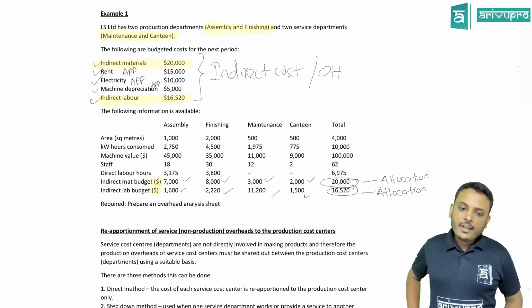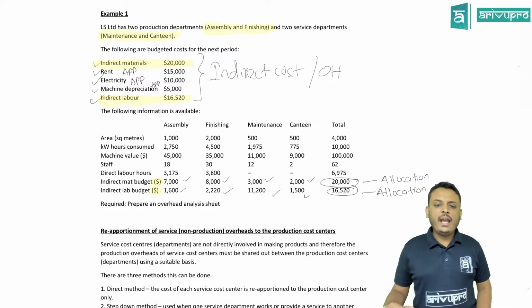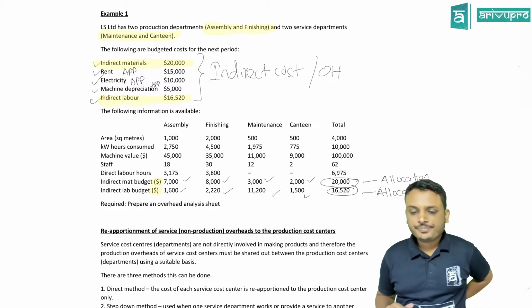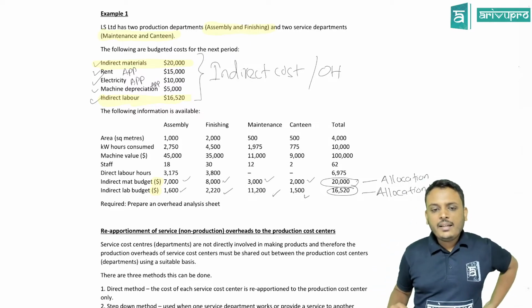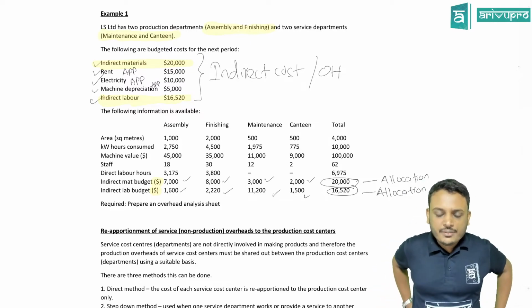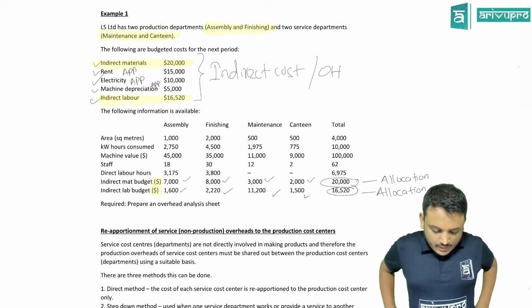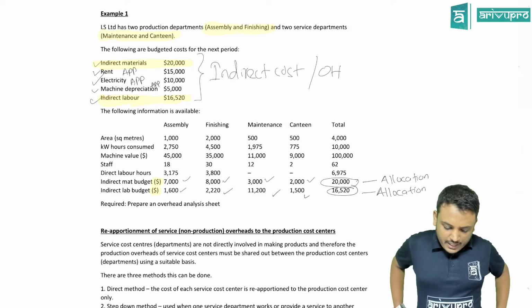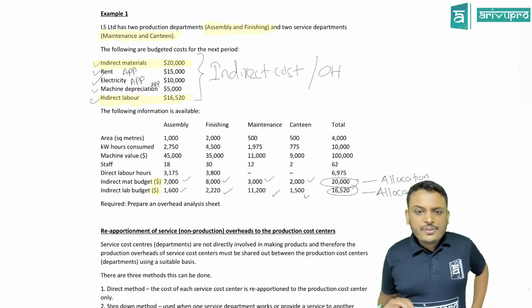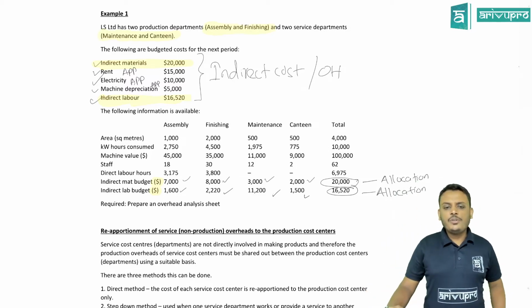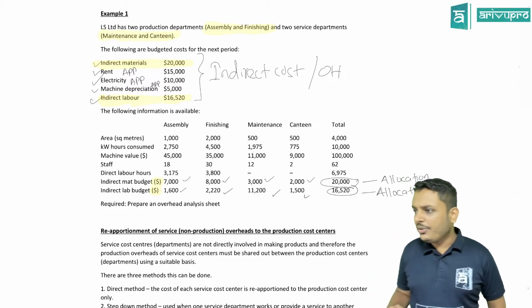Next point. Rent, electricity and depreciation. See, rent is 15,000. Electricity is 10,000. Machine depreciation is 5,000.